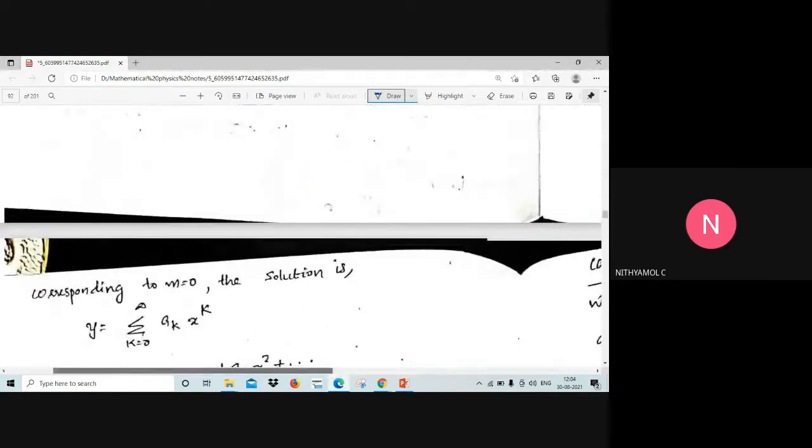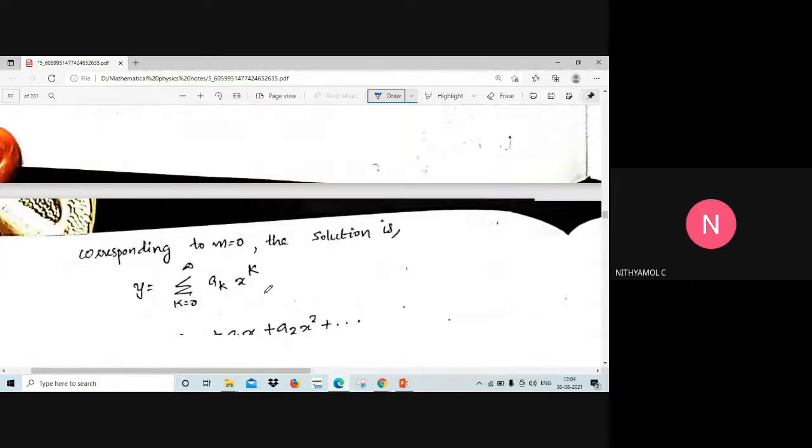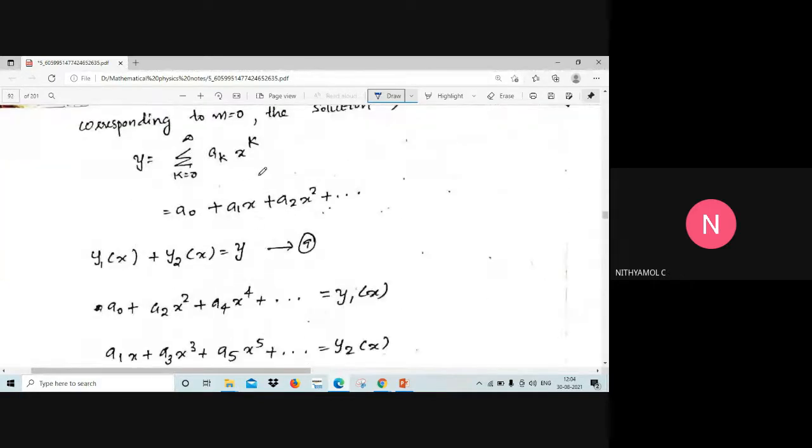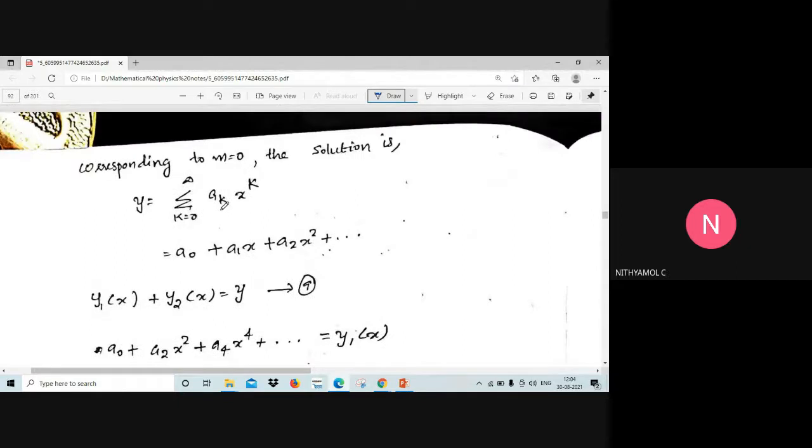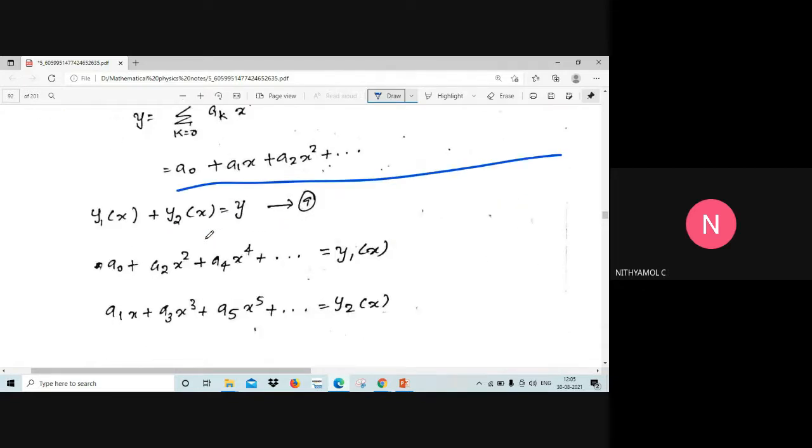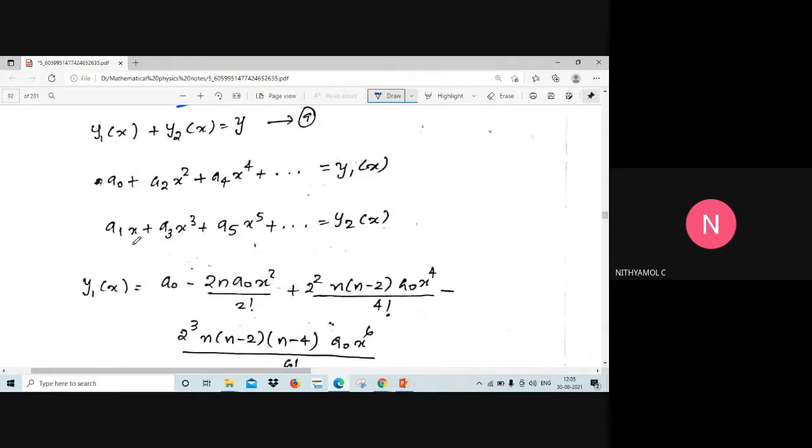Then, corresponding to m is equal to 0, the solution is y is equal to summation over k is equal to 0 to infinity of a_k x to the power k. We can expand this solution, because we already found the values of a0, a1, a2, etc. Then we can substitute the values.